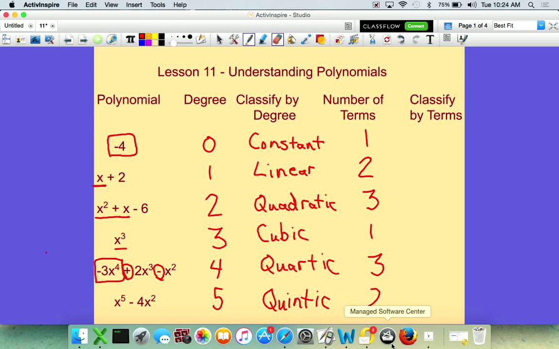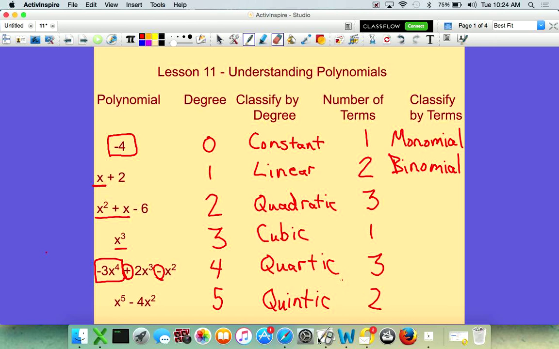All right, these also have names so that we can classify them by the number of terms. When you have 1, that is a monomial. When it's 2, just like with a bicycle, you have 2 tires, so it's a binomial.